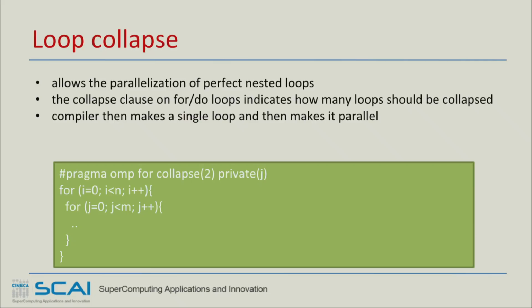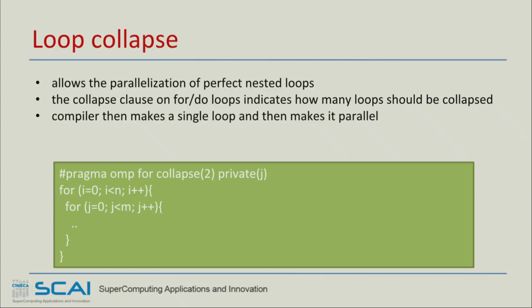Okay. Well, there are cases in which I may have two nested loops in which I don't have dependencies between the two different indexes. And what I can do is to collapse the two different loops into a single for loop. In general, this is something that the compiler already does.